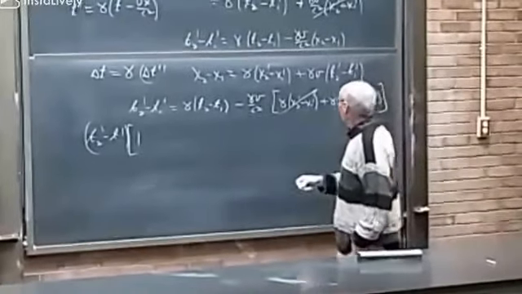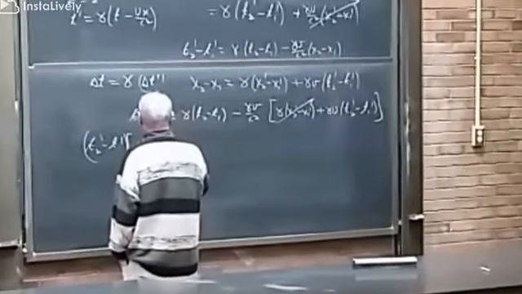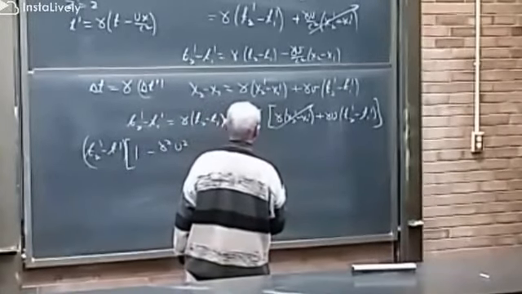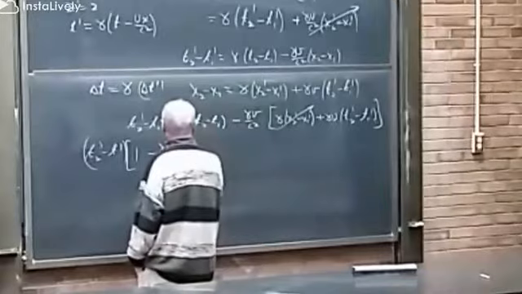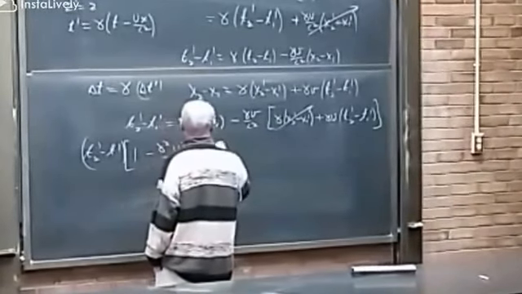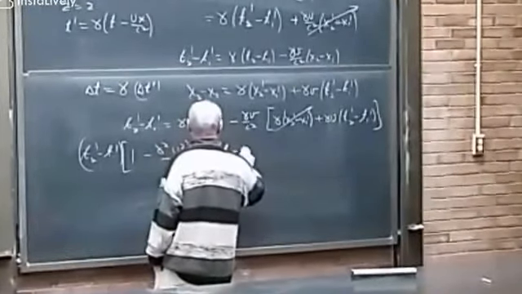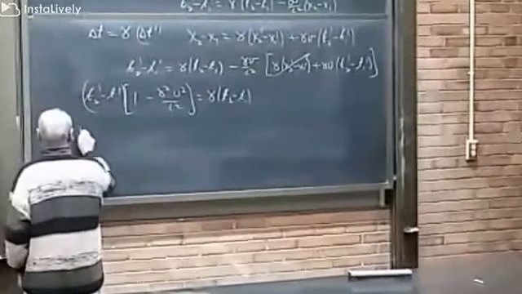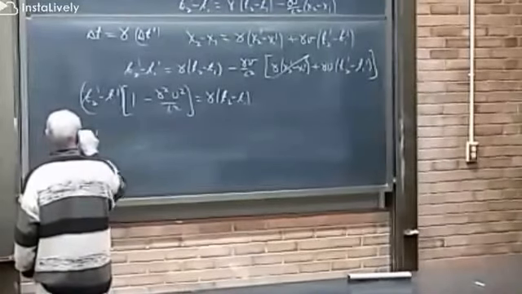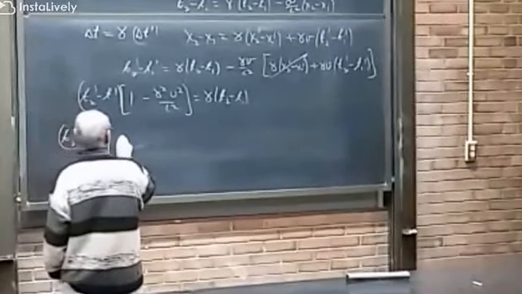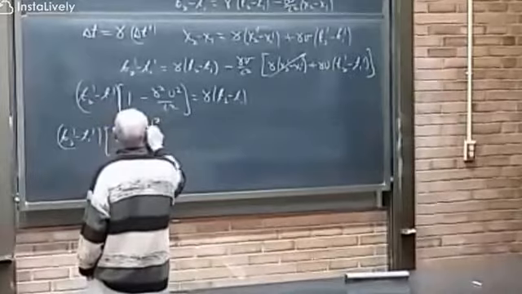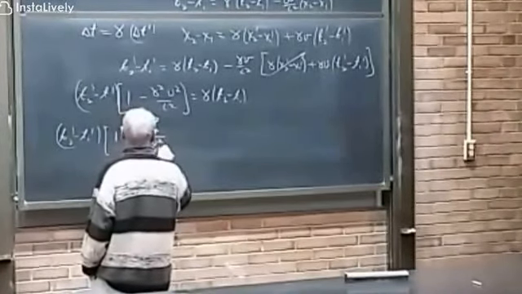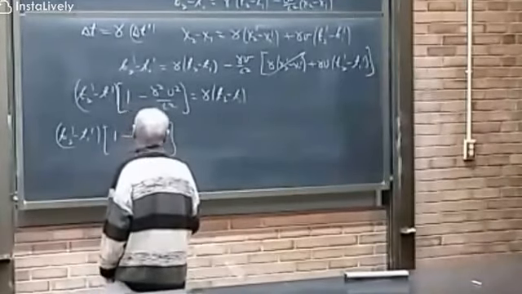I bring it over there, and I get minus gamma squared v squared over c squared, which is equal to gamma (t2 minus t1). But this is (t2 prime minus t1 prime) times (1 minus v squared over c squared) divided by (1 minus v squared over c squared).